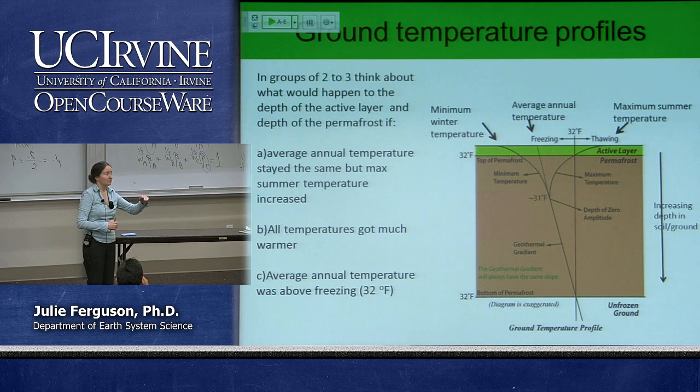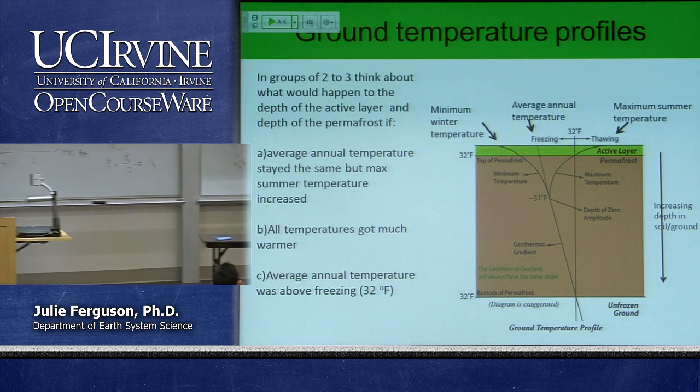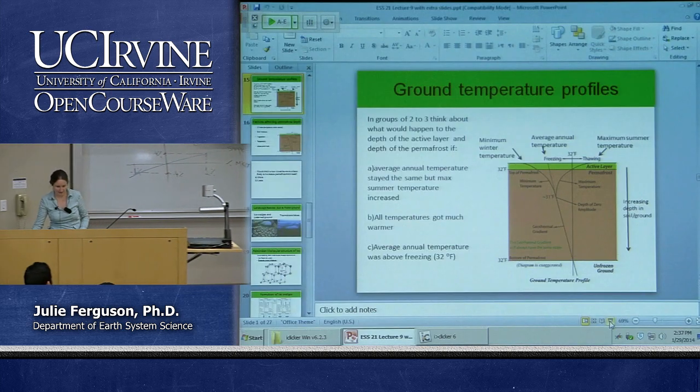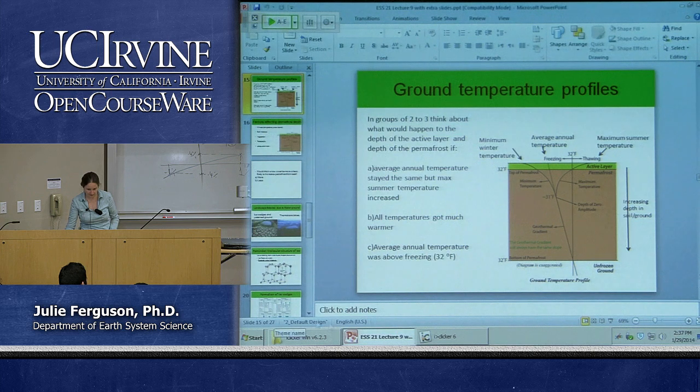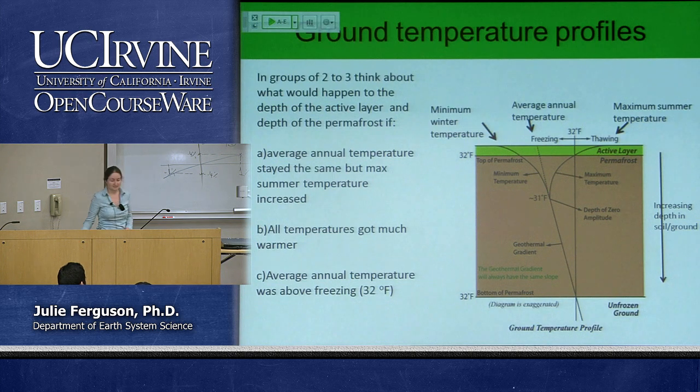It's going to move down, because if I redrew, let's see if I can do funny things on my PowerPoint slide. Maybe not. I thought it had a pen thing. But if I redrew this, basically that line, instead of following this path, would probably go like that. And so it would go across that 30 degrees Fahrenheit line lower down.